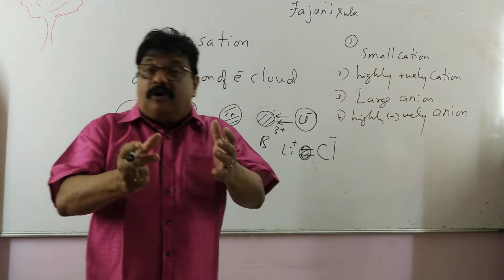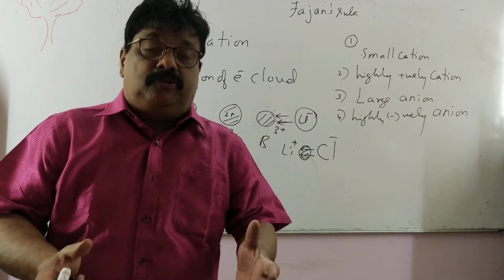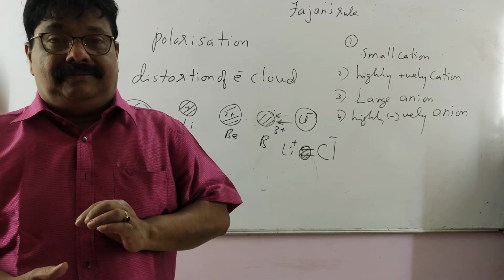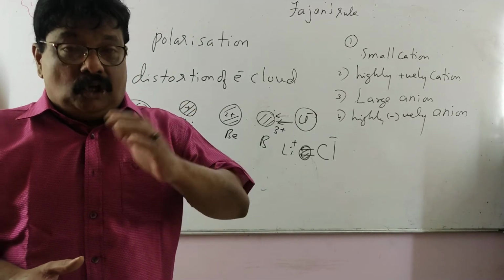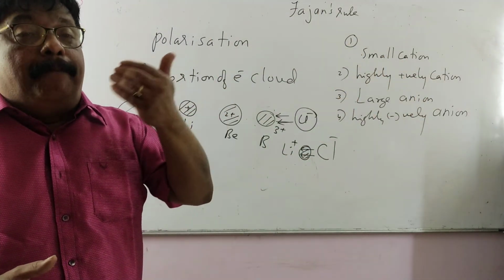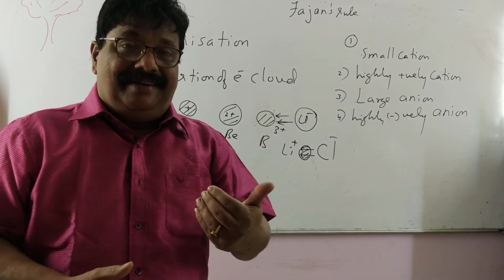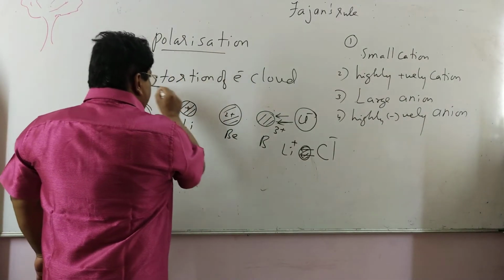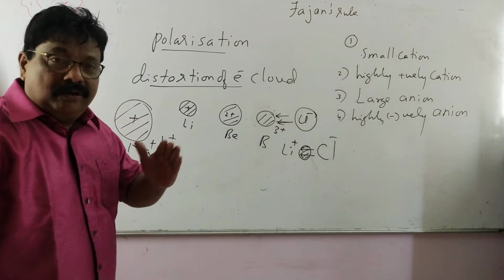And if the electron cloud comes between two atoms, it is getting some covalent character. So the electron cloud that was going forward, we are pulling backward. That is what we say polarization, or distortion of the electron cloud.